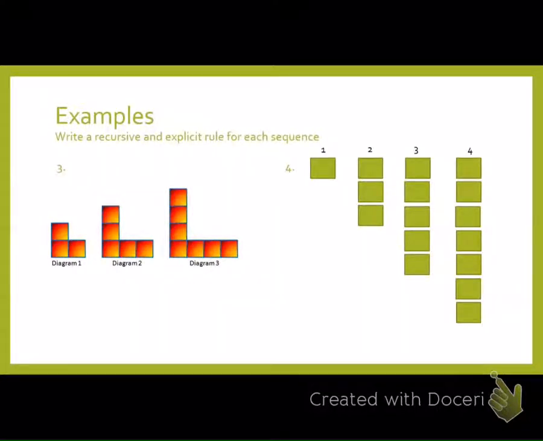All right, so what is the pattern here? First of all, this is term 1, term 2, and term 3. How many squares are in term 1? 3. How many are in term 2? 5. And term 3? 7. Okay, so a sub 1 is what, Blaine?